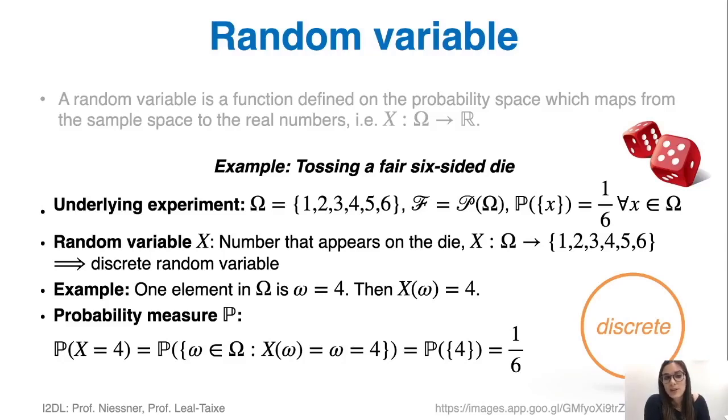This is essentially what X equals 4 means. We're looking at all the elements in our sample space omega such that if we put this element in our random variable X, we obtain the number 4.